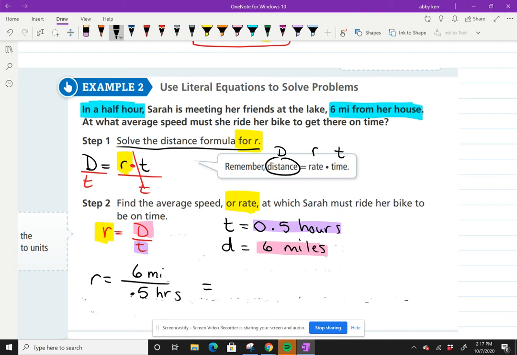If you put this in your calculator, 6 divided by a half hour is 12 miles per hour. So then a sentence would be, her average rate is 12 miles per hour.